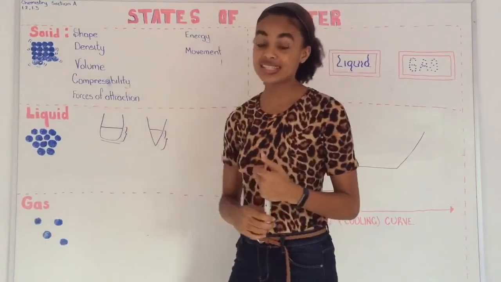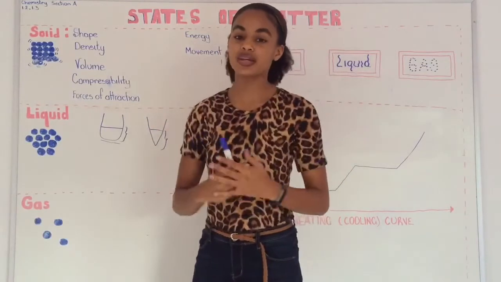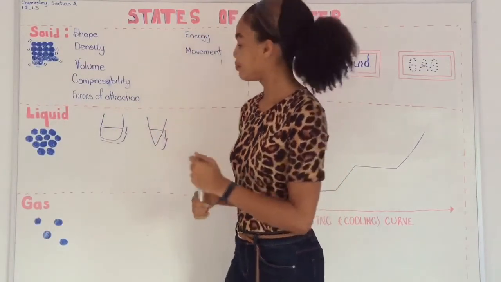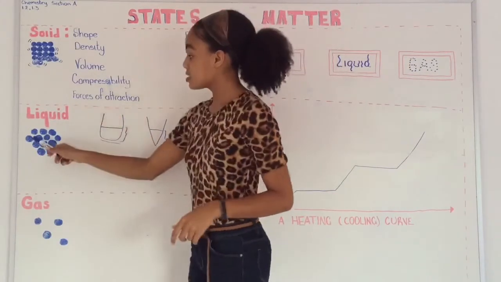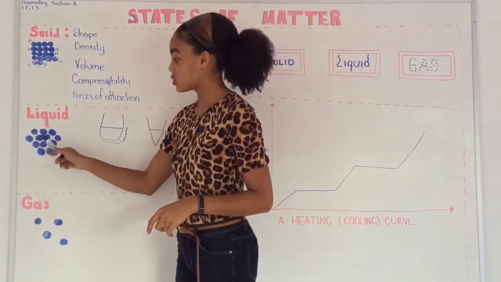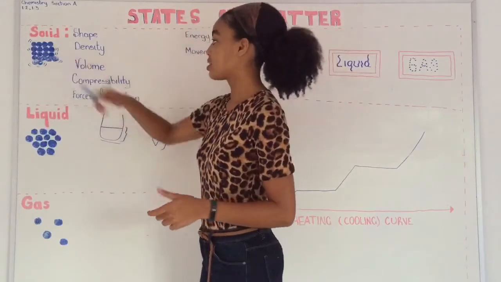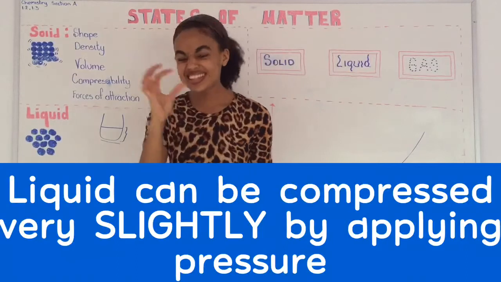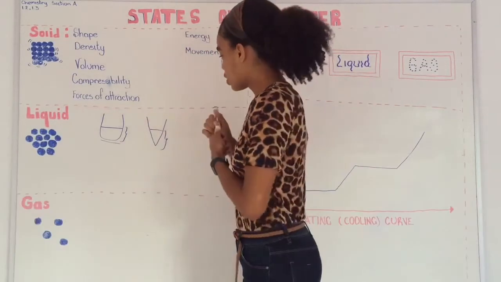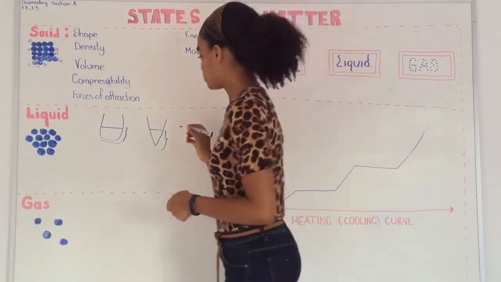So we say that their density is less. There's less particles for the volume. Okay, compressibility. Because the liquid has spaces between the particles, unlike the solid, we say that liquid has little compressibility. So we have a liquid.